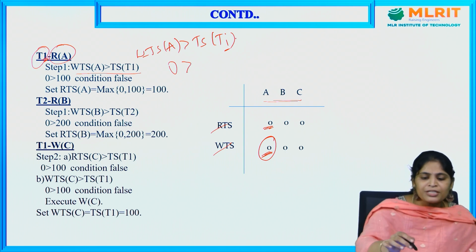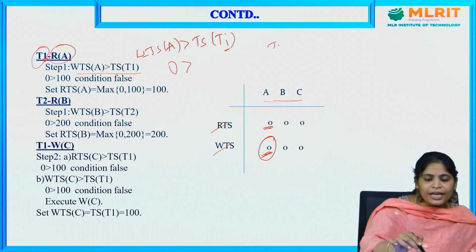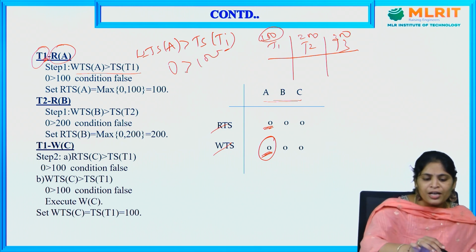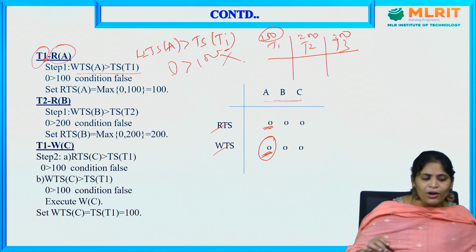What is the timestamp of T1? See, timestamps of T1, T2, T3 are 100, 200, 300 for these 3 transactions. What is the timestamp of T1 here? 100. So, is 0 greater than 100? False.